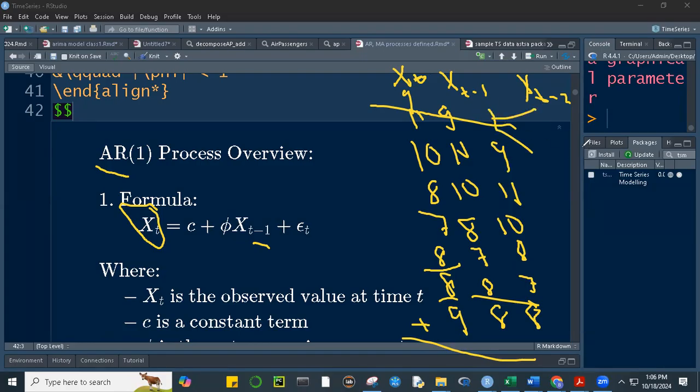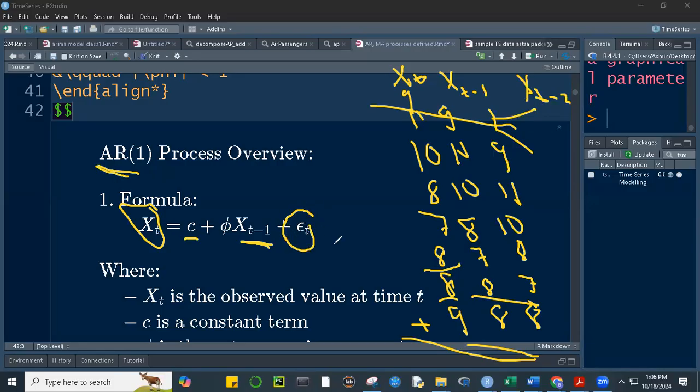Any model involving your time series and, let's say, your lag 1 plus your lag 2 now becomes your AR2 process. In our case, an AR1 process is equivalent to a certain constant c, and then your coefficient phi times your series x sub t minus 1, which is this one, and then plus a certain error term.